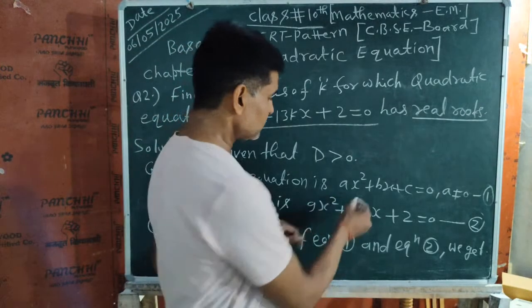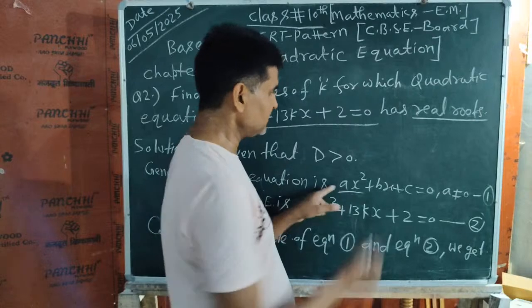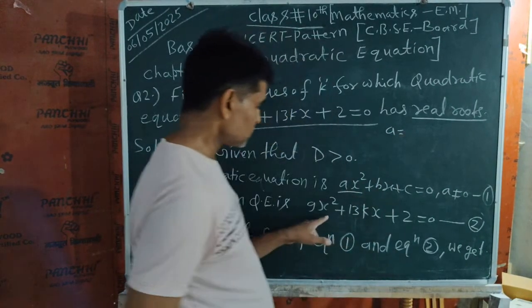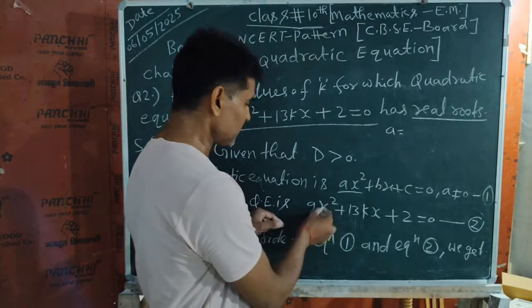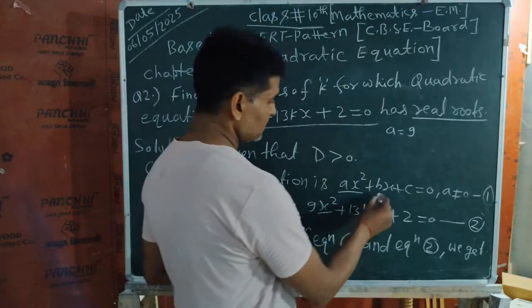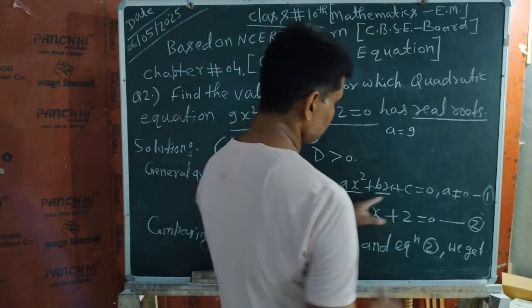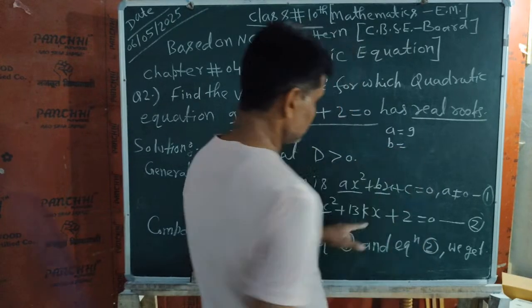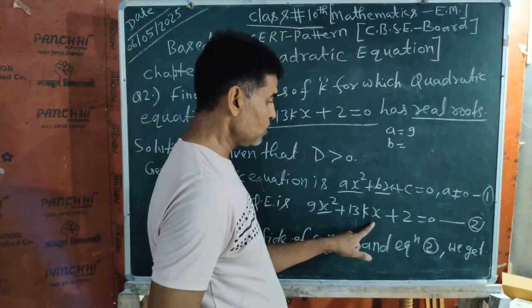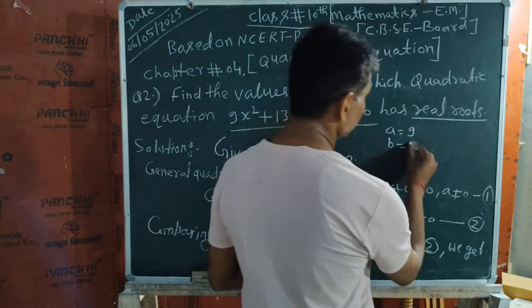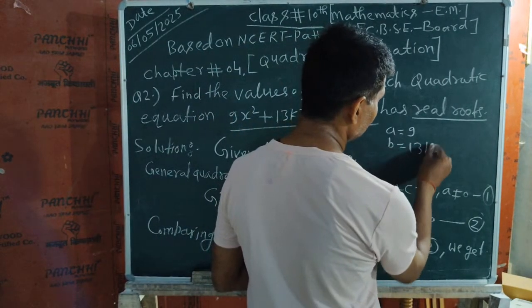In equation 1 the coefficient of x square is a, and in equation number 2 the coefficient of x square is 9, so I will put 9 here. In equation number 1 the coefficient of x is b, and in equation number 2 the coefficient of x is 13k, so here I will write 13k.